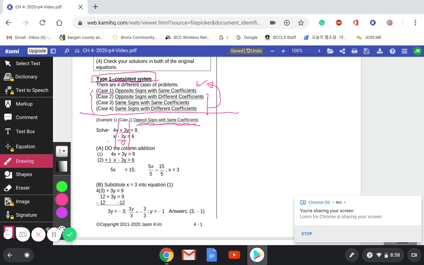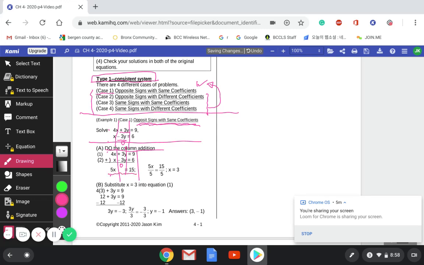Now if you do the column addition, 4x plus x is 5x, because x means 1x. So 4 plus 1 is 5, so 5x. Positive 3y and negative 3y cancel out to 0. 9 plus 6 is 15. So when you do the column addition, one of the letters, in this case y, disappears, and you only end up with x.